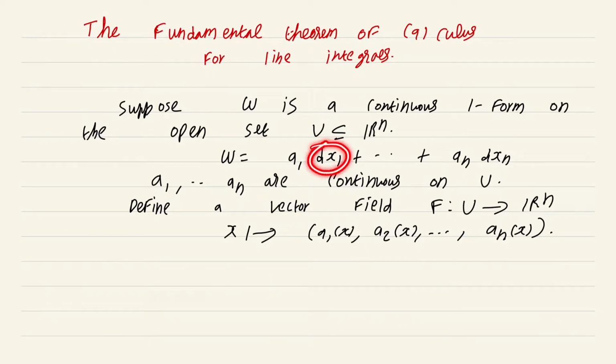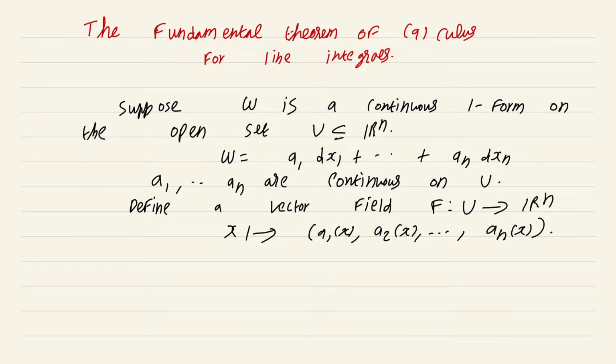Recall that dx1 to dxn are just new names given to the duals of the standard basis. If I had chosen some other basis, the end result would be a different expression. I would have gotten different a1 to an, and consequently a different vector field. So this is not a canonical identification, but nevertheless it's a useful identification.